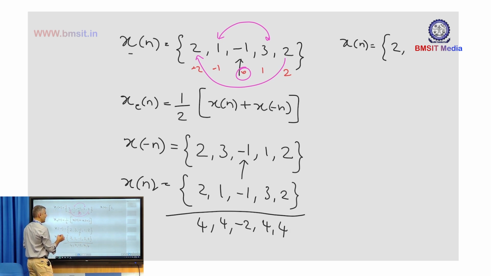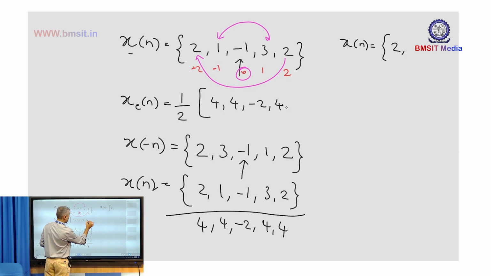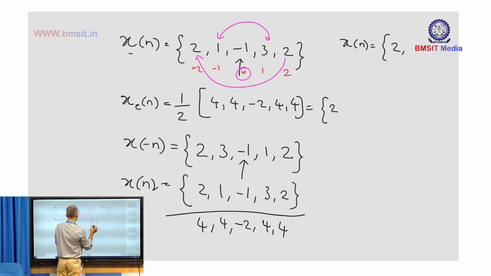You can substitute the same in this relation here. We write the values as 4, 4, minus 2, 4, 4. The resultant even component is this whole signal divided by 2.